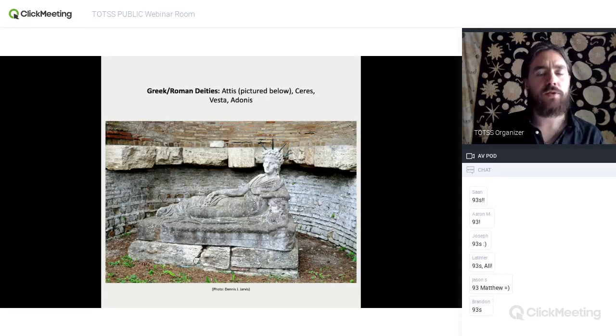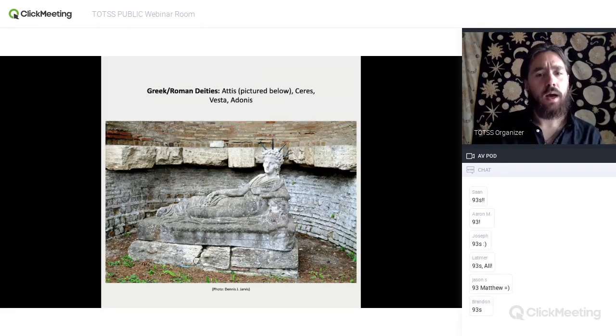We also have Ceres. Ceres is the Roman version of Demeter. The idea here is of fertility and the fertility of the earth, especially agriculture, which can be associated with Virgo. So she's here as an agricultural goddess. Also Vesta, a Roman virginal goddess associated with hearth and home.